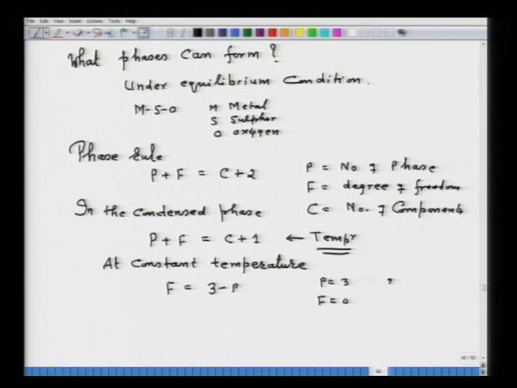If P is equal to 2, then the degree of freedom is equal to 1, and if P is equal to 1, then the degree of freedom is equal to 2.